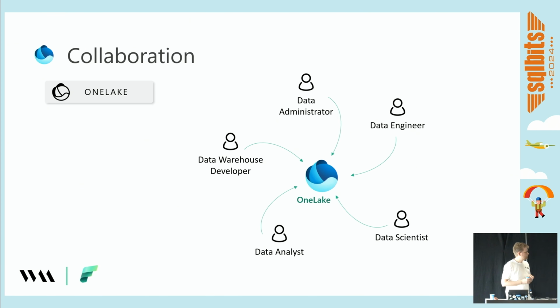But I think the true game changer here is that Microsoft standardized and kind of forced us to standardize on file format, on where we store our data, so on data lake, and on the approach of how we do this. And all of these are actually foundational elements of why Direct Lake is even a possibility.